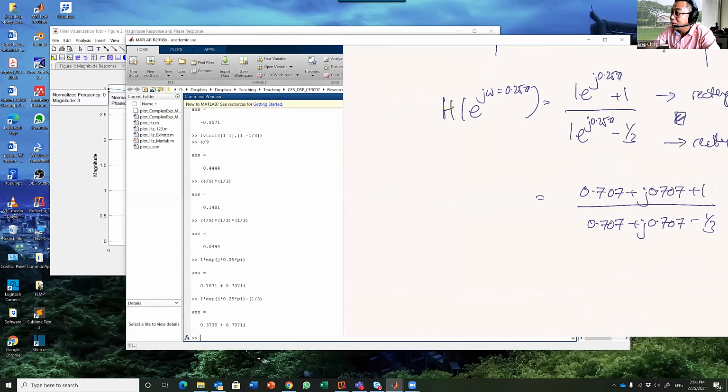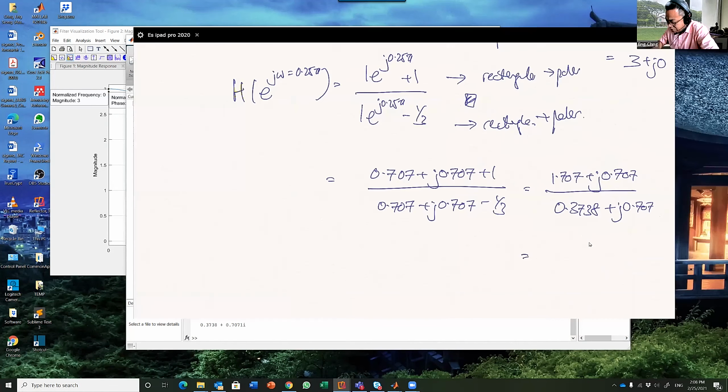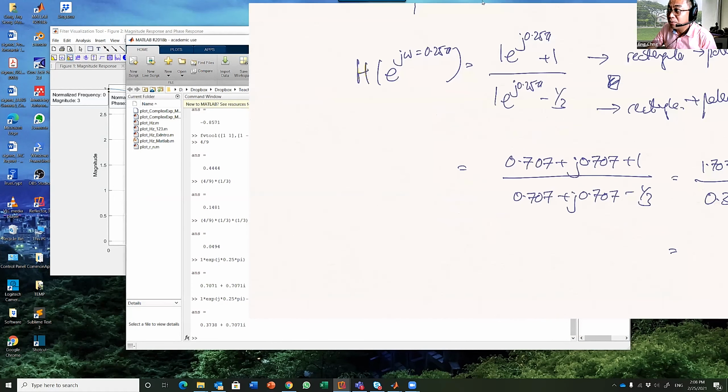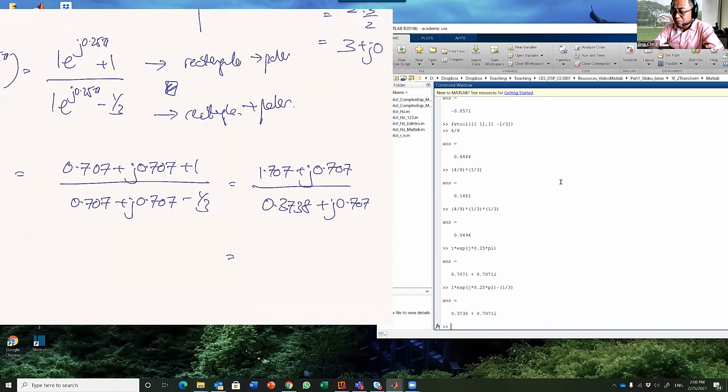Now you still have to divide. So this is very, very painful, right? Unless you have MATLAB or a very nice calculator. I'll show you how my calculator does it. I wouldn't even bother with all this.